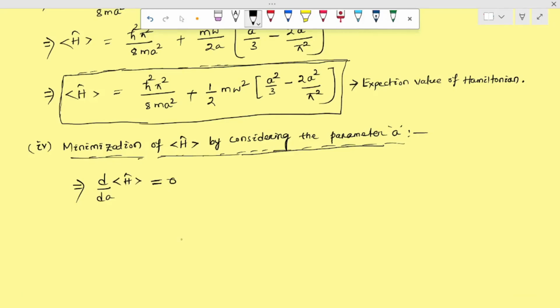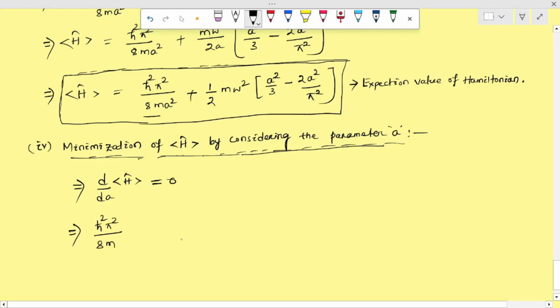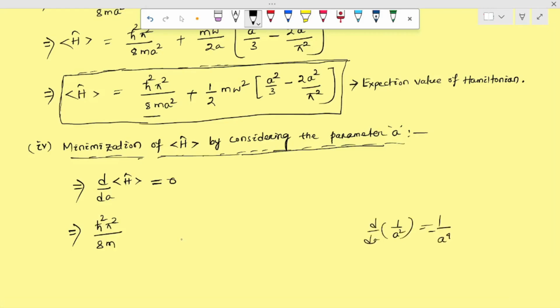Okay, so that implies, see here, differentiation with respect to a. The first term is this one. Here the constant is ħ² π² by 8m, and we have 1 by a². The derivative of 1 by a² with respect to a is nothing but minus 1 by a⁴ times the derivative of a², which is 2a. So finally we get minus 2 by a³.